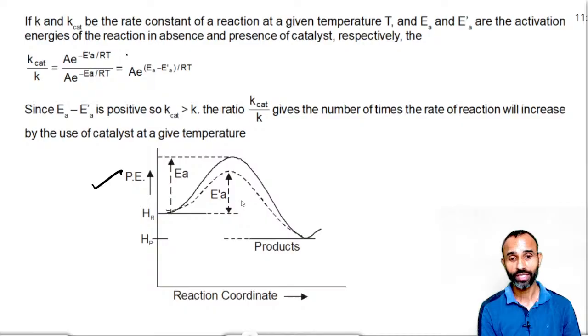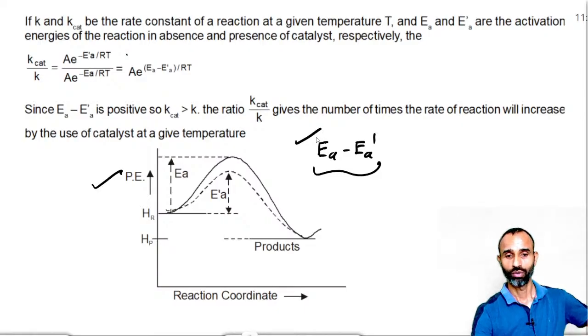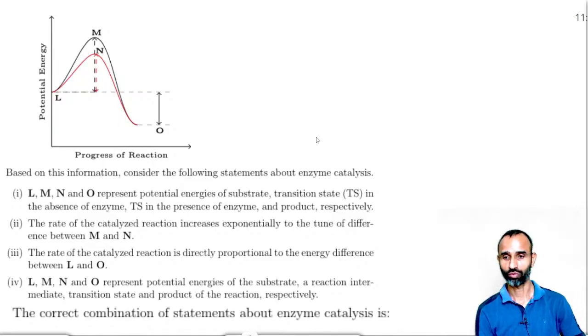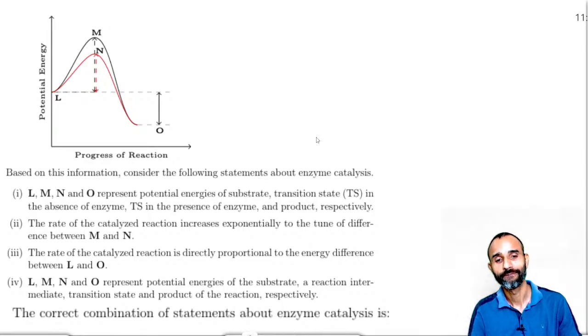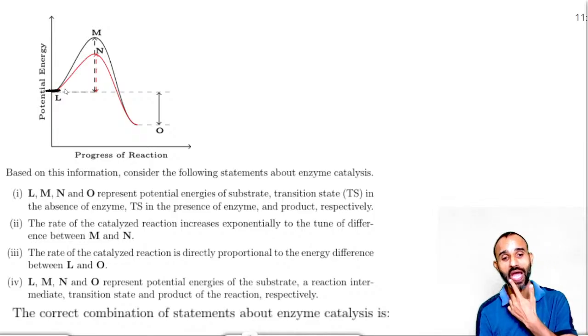It will decrease the potential energy. See, if there is a large difference in E and E dash, the rate of reaction is fast. One question is there: potential energy versus progress of the reaction. Which one is the correct option? See, this is the potential energy of the reactant.